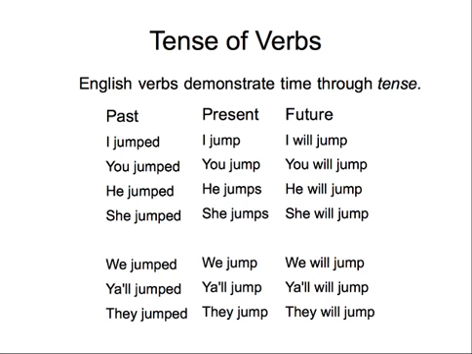English verbs demonstrate time, and that is time in relationship of the reader or the hearer in relationship to the action that is occurring in the sentence itself through tense. And so here we have past, present, and future tense. I jumped. I jump. I could also say in the present tense, I am jumping.